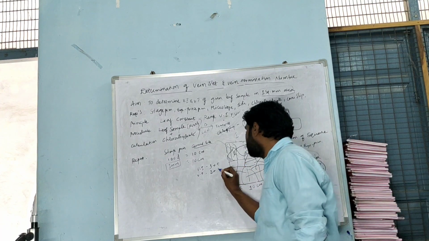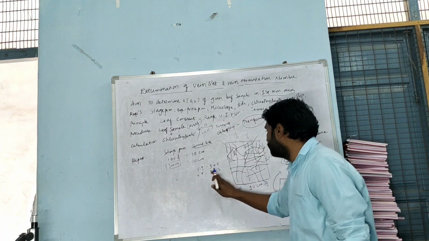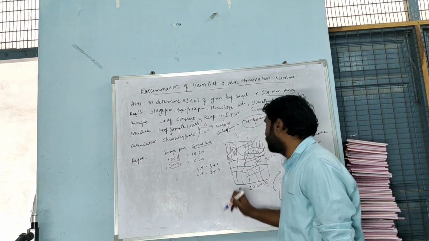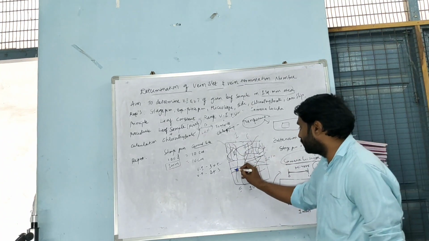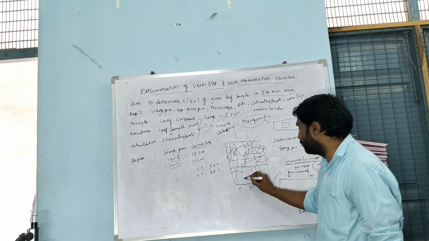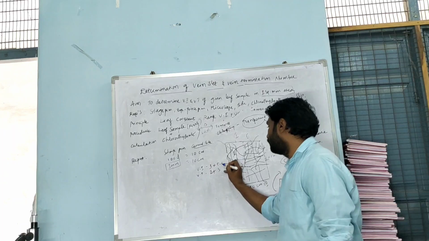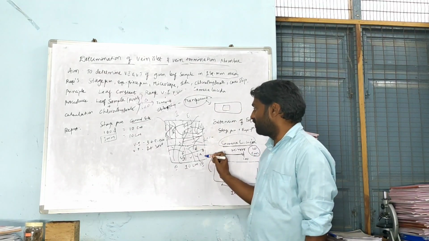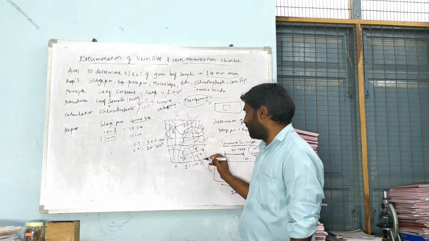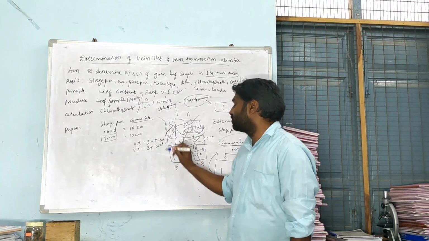So there are 3 vein terminations. For the third square, 1, 2, 3, 4, 5, again 5. When counting the last square, we got vein islets of 4 and vein terminations of 2.